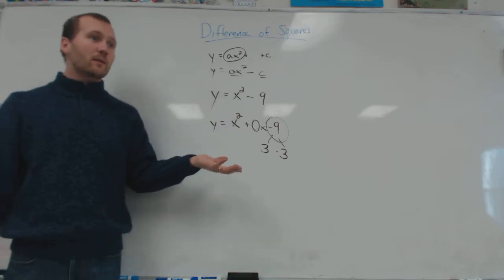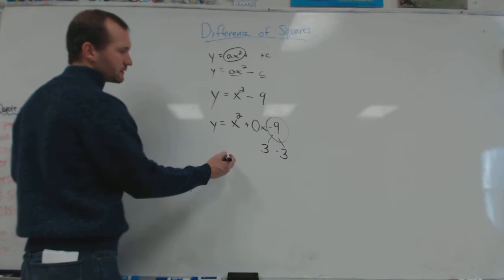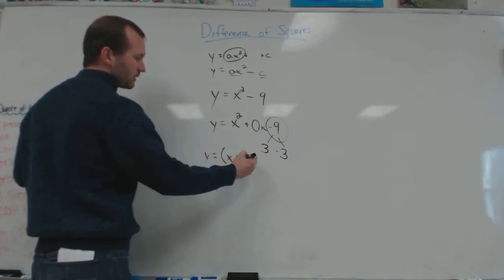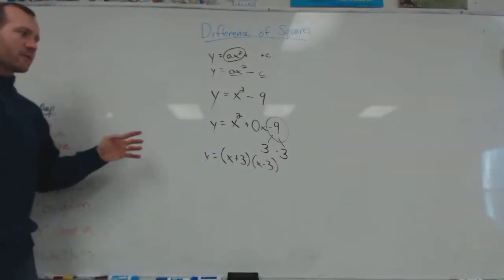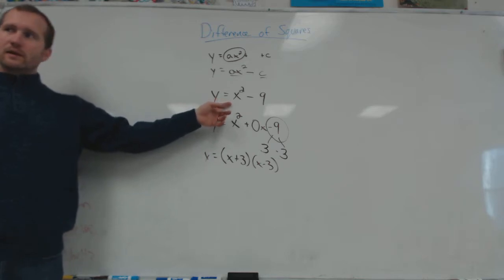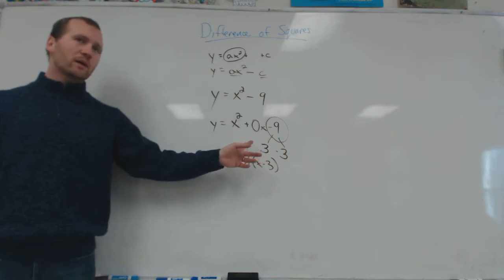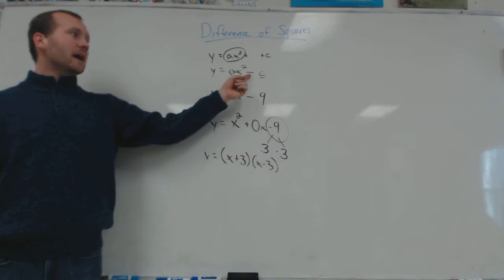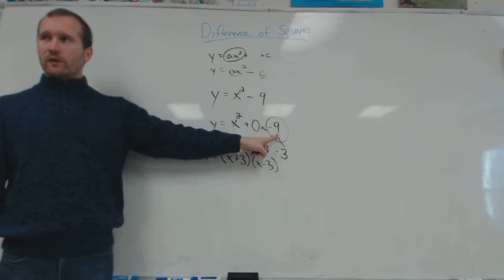Yeah, a perfect square, when it has a simple square root like 3. So if I rearrange this, x plus 3 and x minus 3, I would have the factored form of this. And because of this square root thing that happens, this having a perfect square, that's why this is called a difference of squares. The difference because it has to be minus. And then the squares because this works best when you have a perfect square.